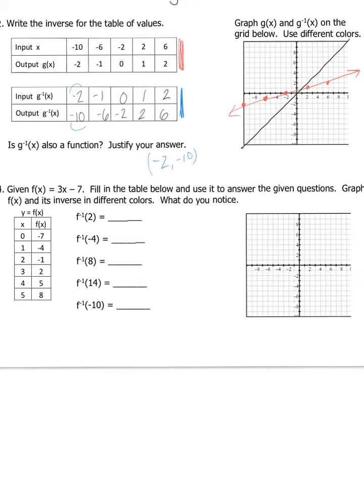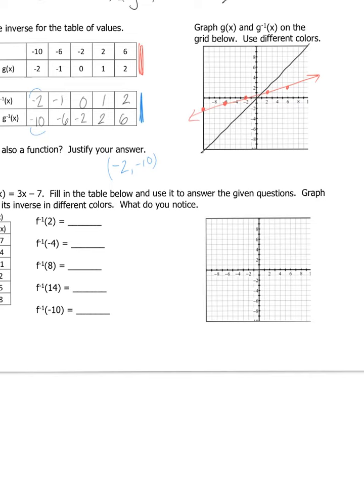If I were to graph that, I would go left 2 and then down 10, and then (-1, -6), and then (0, -2), and then (1, 2), and then (2, 6). And there's my graph. And hopefully the blue and the red look like they reflected each other. If I folded this paper on this line, that would end up over here, this would end up over here.